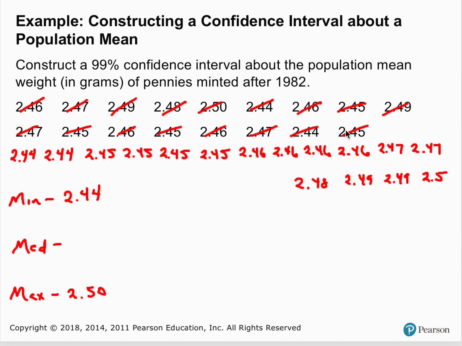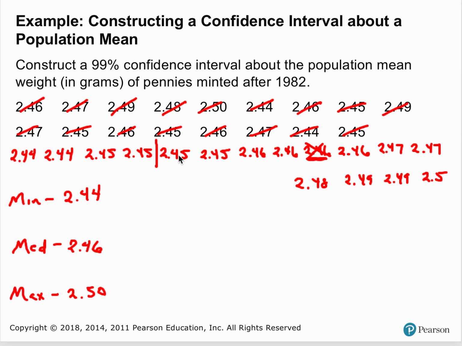Median. There's 17 data points. So 17 plus 1 is 18. The ninth one, 1, 2, 3, 4, 5, 6, 7, 8, ninth one. That's my median. Okay. So now 1, 2, 3, 4. Let's see if that's right.